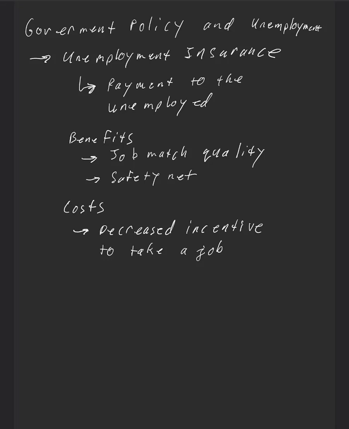Okay. The other benefit there is safety net. This is a thing that people probably principally think about when they think about unemployment insurance, right? It allows people that don't have an appropriate level of savings and get hit really hard by the job market to help make ends meet.